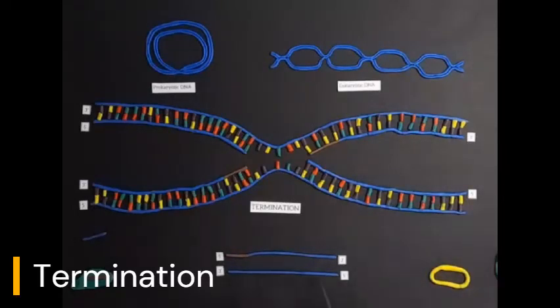This strand represents the template strand that is lagging. The direction of this strand is 3' to 5', so the direction of the synthesis of the complementary strand is from 5' to 3'.